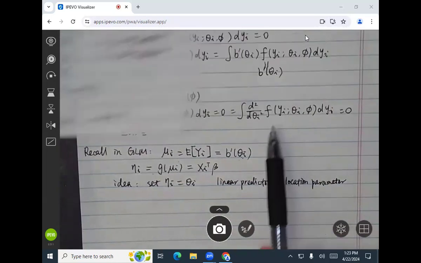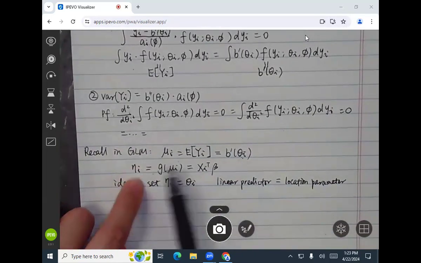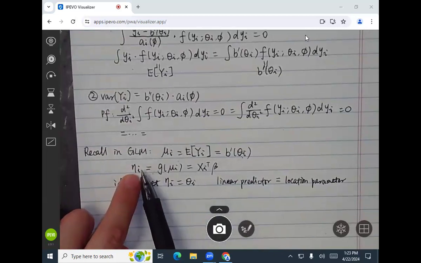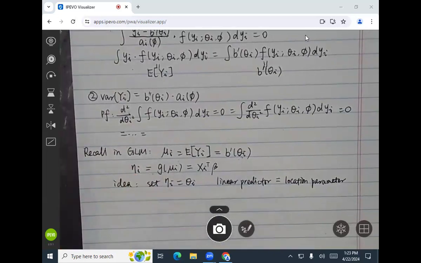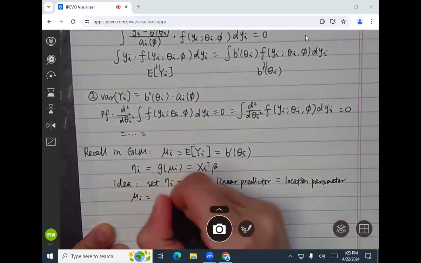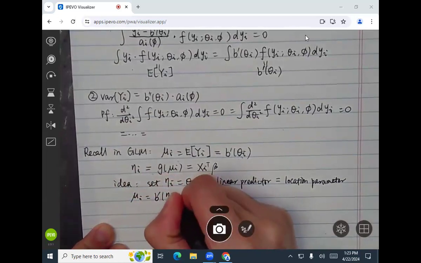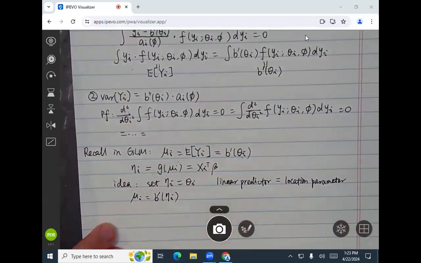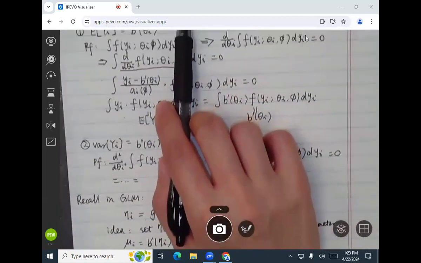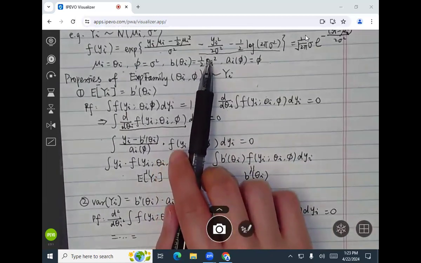And also, like I said, this way we can reduce three parameters related to the mean, eta I, mu I, theta I, to two parameters by setting eta I to theta I. And then what happens here is you would have mu I equals b prime eta I. And b is the known function in the exponential family definition. So for a specific distribution like Poisson, you have the b known. And for Gaussian, we have the b here as this 1/2 square function.